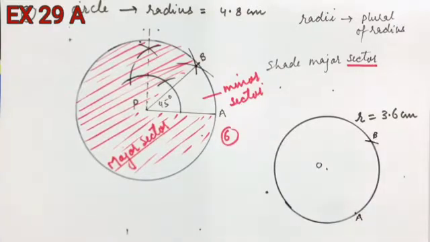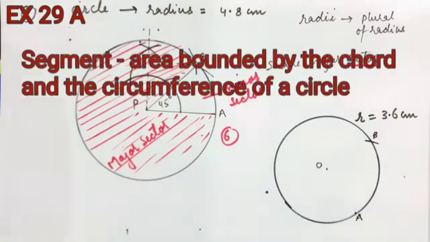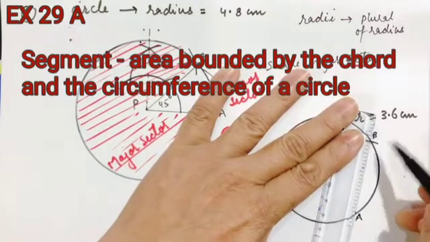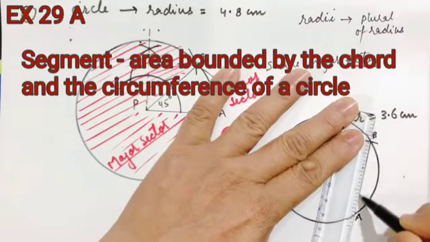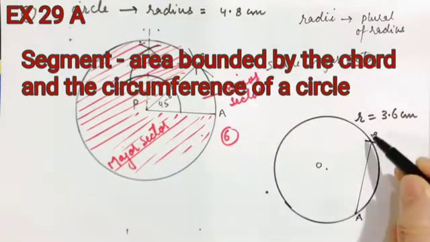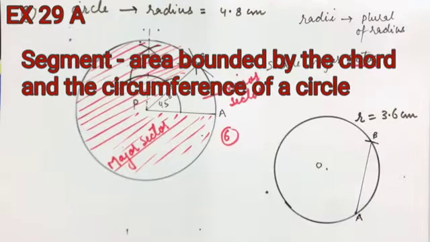Now they are saying that draw a chord. So let me draw a chord. कहाँ से कहाँ हमारा scale कहाँ चला गया? तो AB is the chord. Let us join this. So a chord is a line which joins the circumference at 2 points. This is the chord.